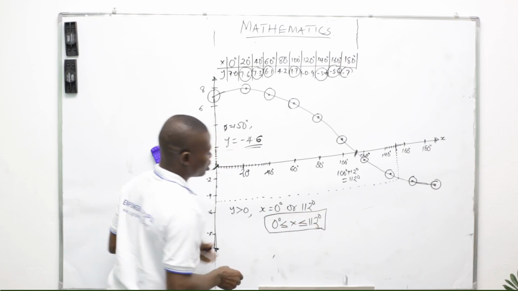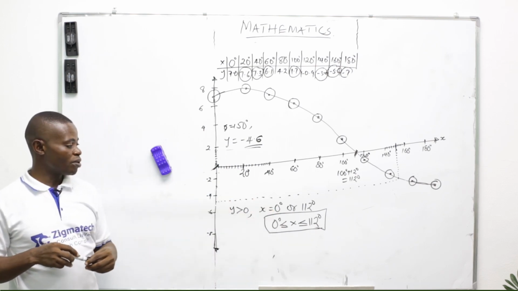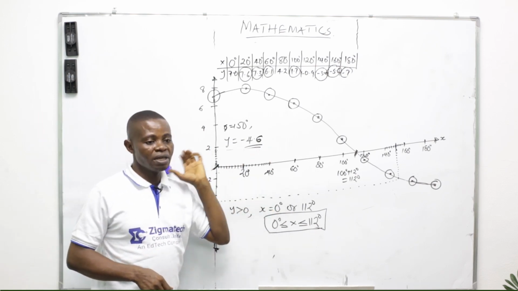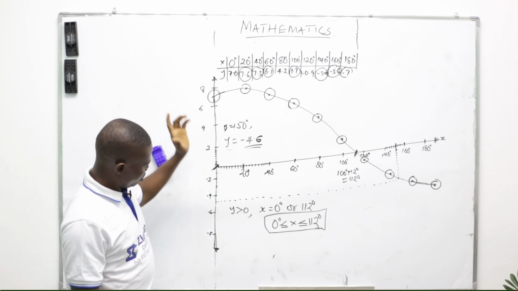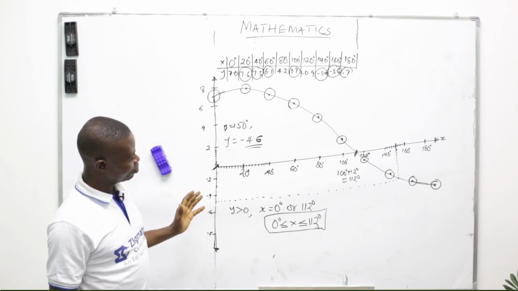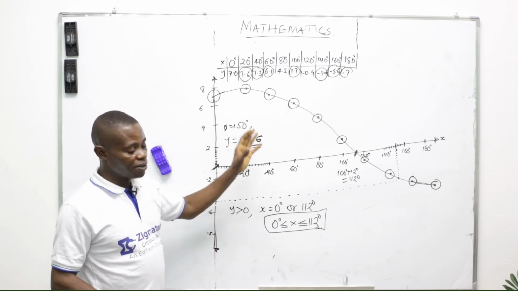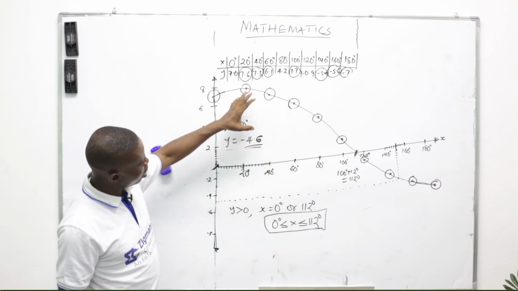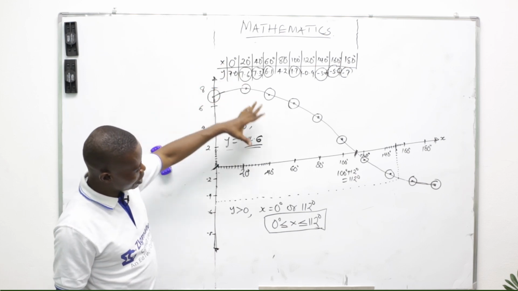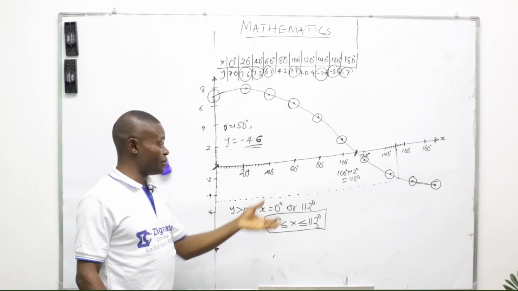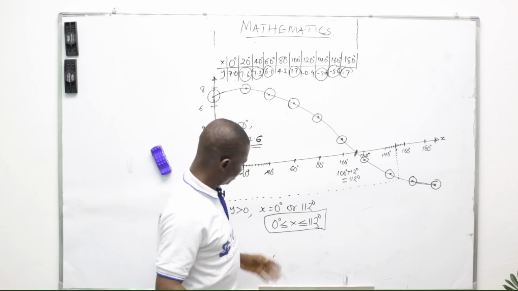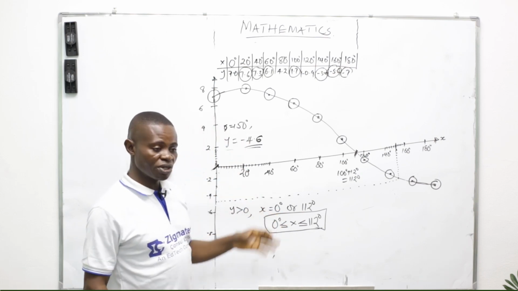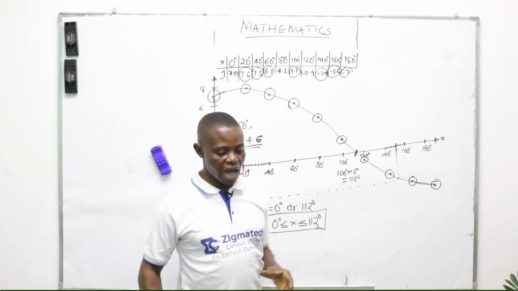So this is the range of values for x when y is greater than 0. Do a proper job on that graph you are plotting wherever you are. Do all the interpretation. Test yourself again by looking out for other questions using this exam guide.